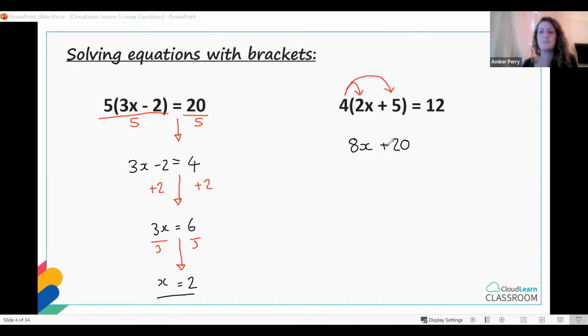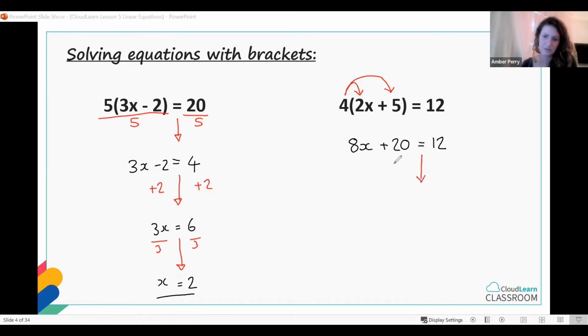I don't know if you remember, but when we did the expanding brackets, one of the most common mistakes is forgetting to multiply the second part of the bracket. So really got to remember to multiply the second part of the bracket by the 4 as well. That's equal to 12. We are going to have some negatives now because we're going to go ahead and subtract this 20.